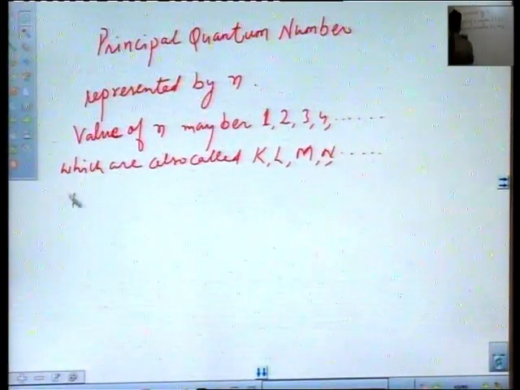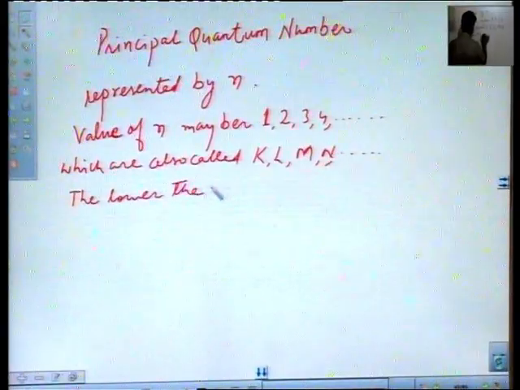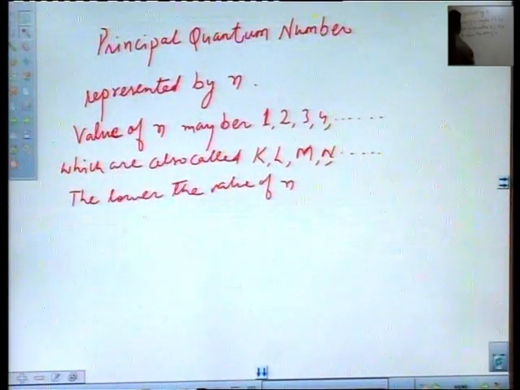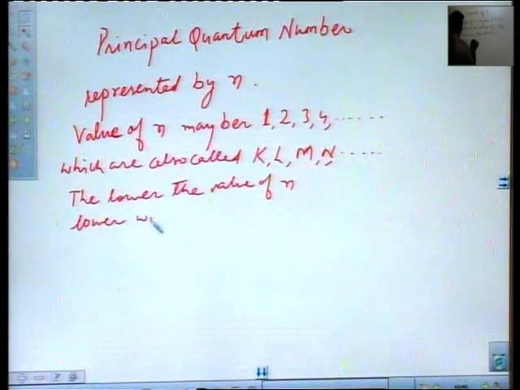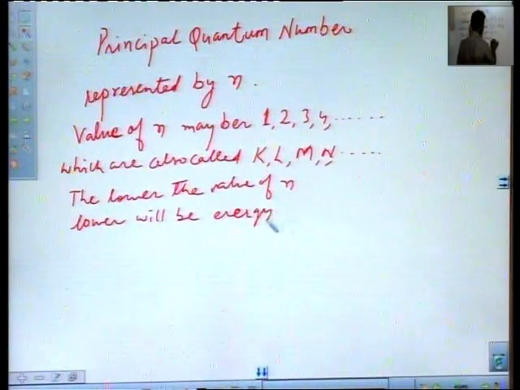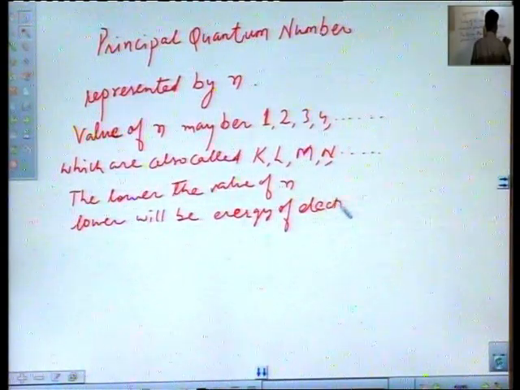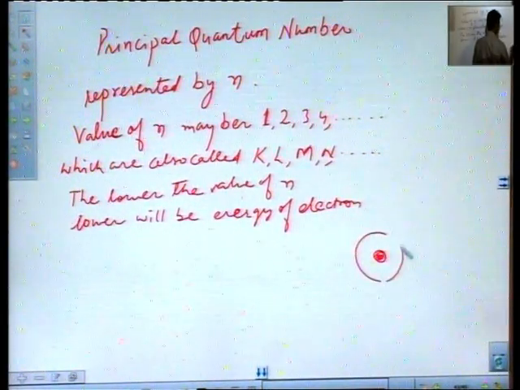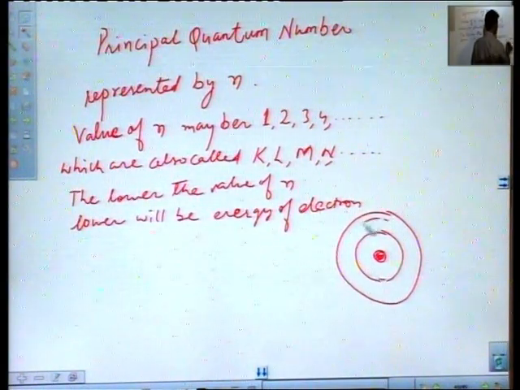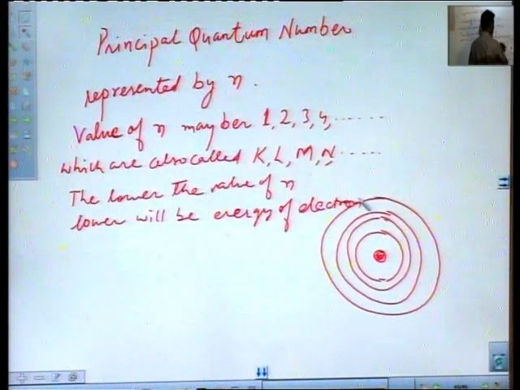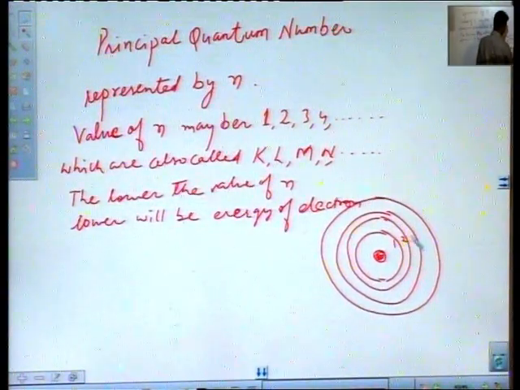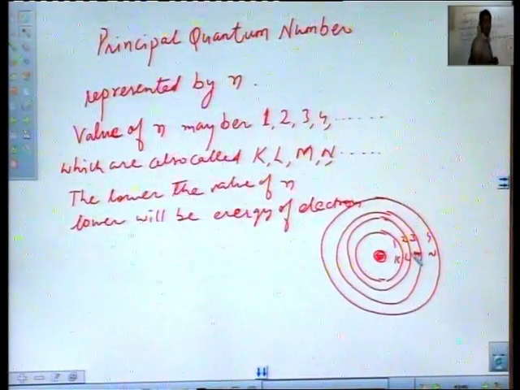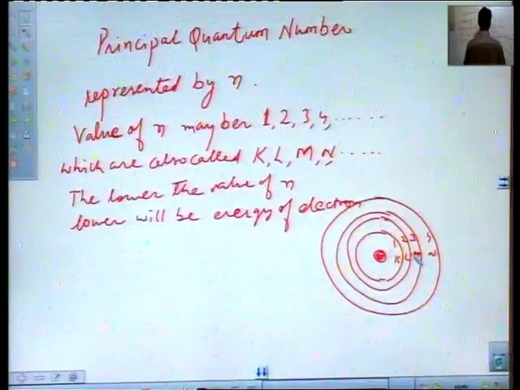The lower the value of n, the lower will be the energy of the electron.